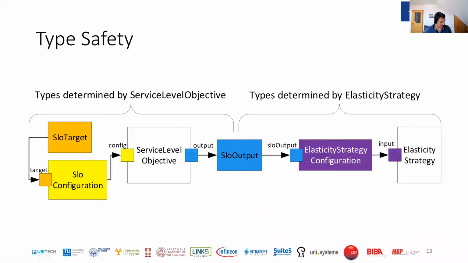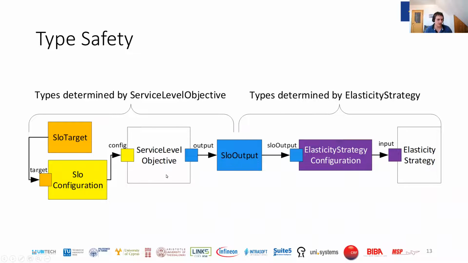So a quick word about type safety. One big issue, if you just want to configure an SLO and a scaling strategy with YAML or with JSON, is you don't have any type of validation. And since we're using TypeScript, we can actually define various types for the components.